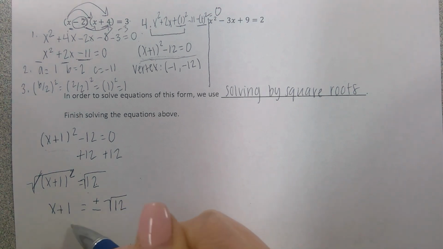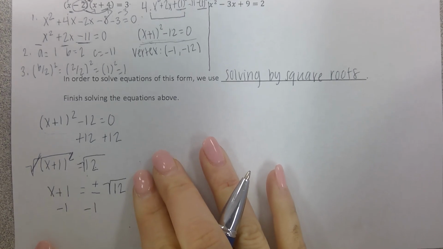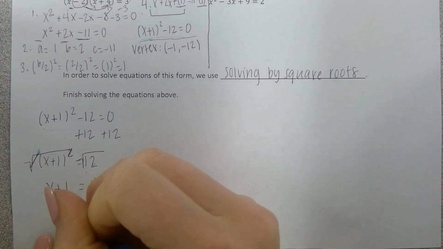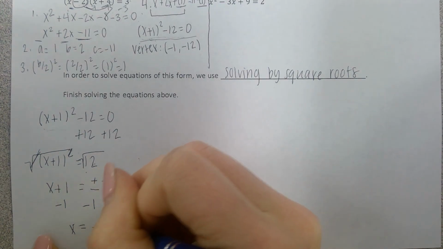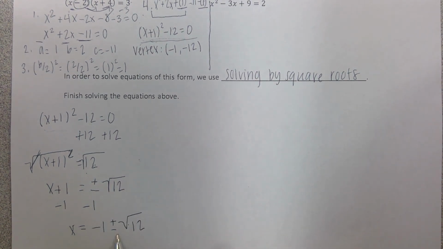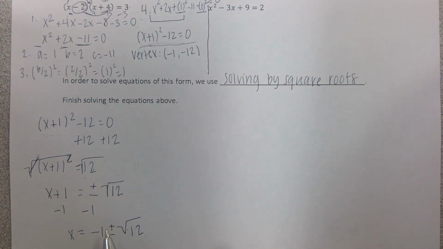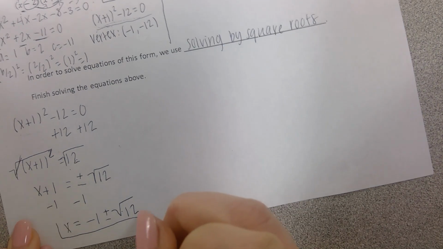My last step, I have to get x by itself. So I'm going to subtract 1 from both sides, and I'm left with x equals -1 plus or minus the square root of 12. Notice that my -1 is in front of this plus minus. It's going to be very important. The plus minus is going to come at the end of whatever's on this side. So this is my solution.